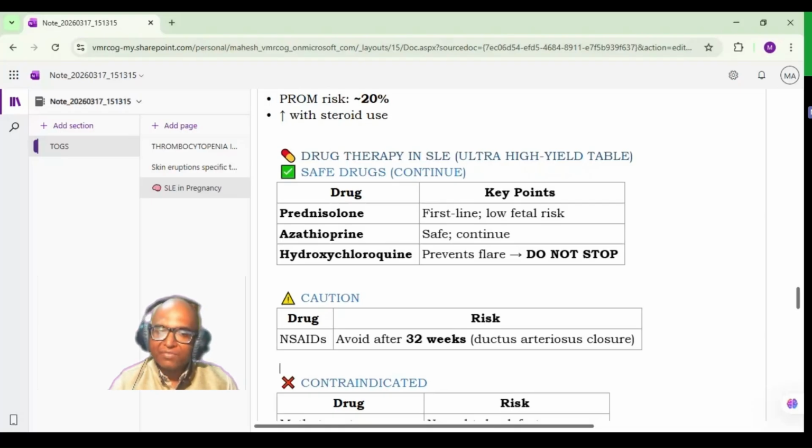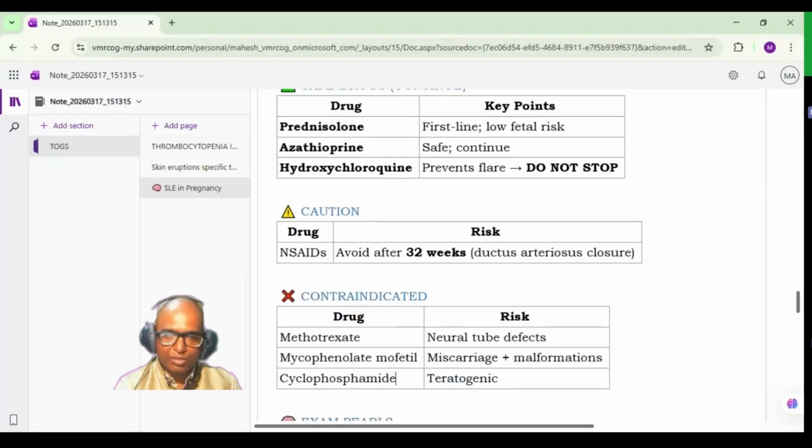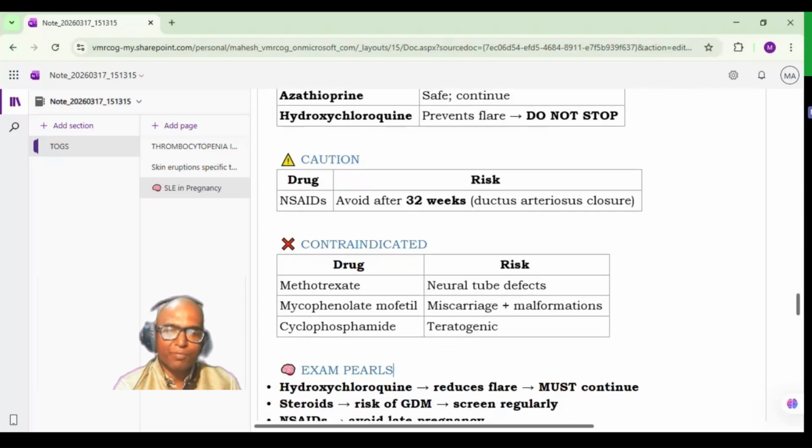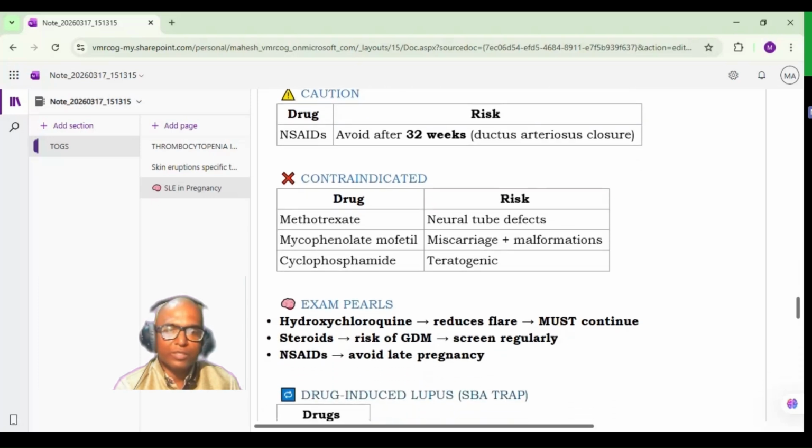Okay, with NSAIDs, we have to be very cautious because these patients can have renal parameter deterioration. It is to be avoided after 32 weeks of gestation because of ductus arteriosus closure. Okay, contraindicated drugs are methotrexate, which can lead to neural tube defects, mycophenolate mofetil, which is also known to cause miscarriage and malformation, and cyclophosphamide, which is also teratogenic.